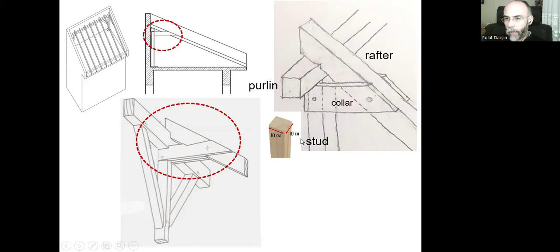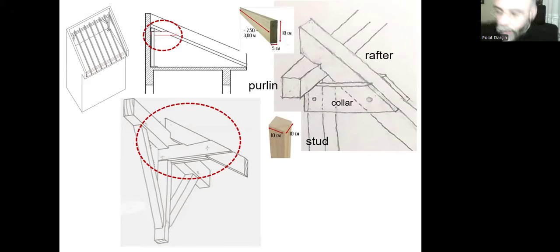And there's this rafter. In normal conditions, this is what we prefer for a single piece timber rafter. It needs to be minimum 5 centimeters by 10 centimeters, and the total length can be 3 meters.